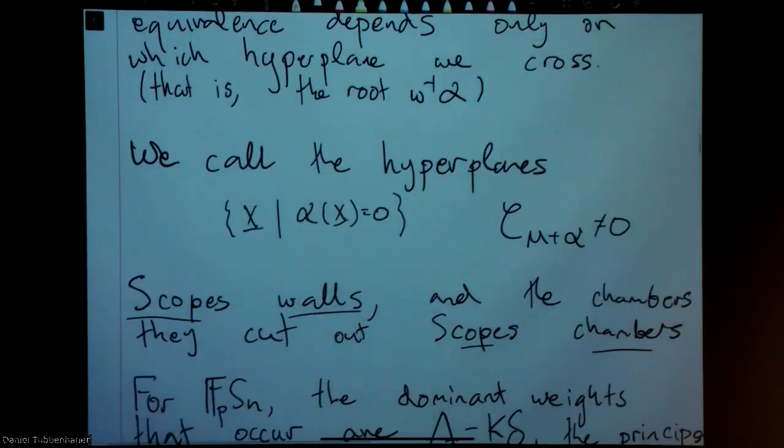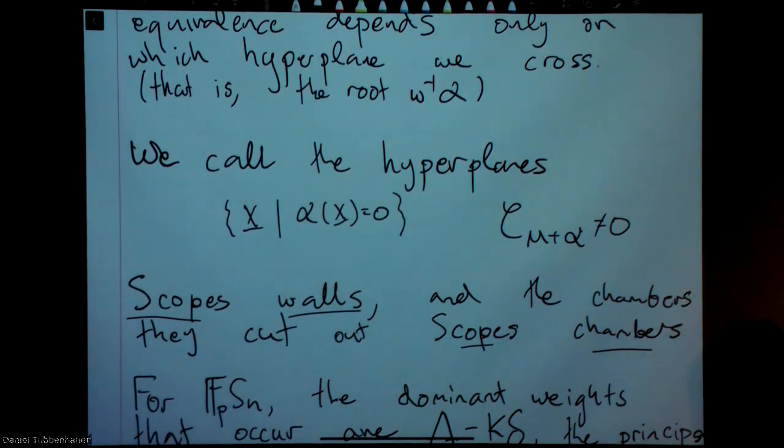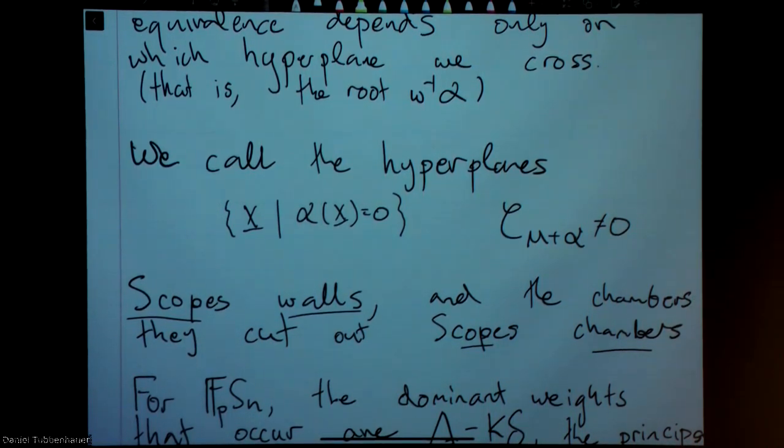So we have a distinguished set of hyperplanes that are the bad hyperplanes that keep me from having abelian equivalences. And I call these Scopes walls, and the chambers that they cut out Scopes chambers. That's building on work from over 30 years ago by Chuang and Scopes about how to find these Morita equivalences between blocks of the symmetric group.